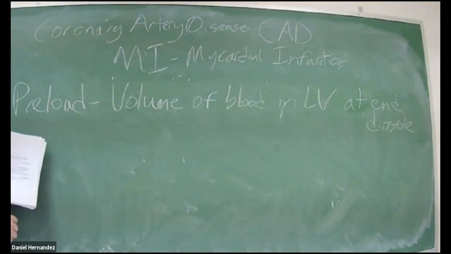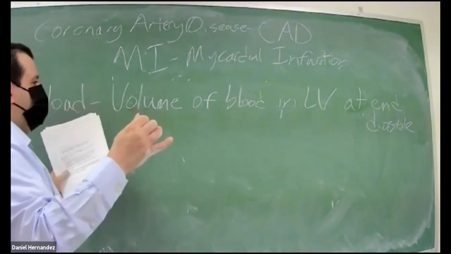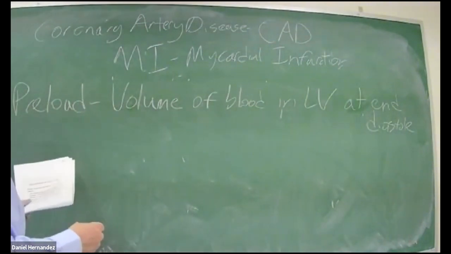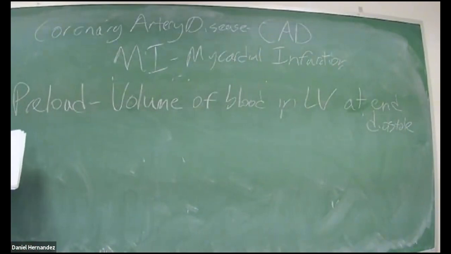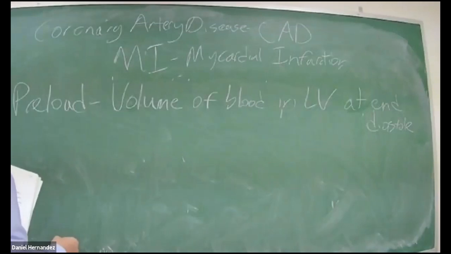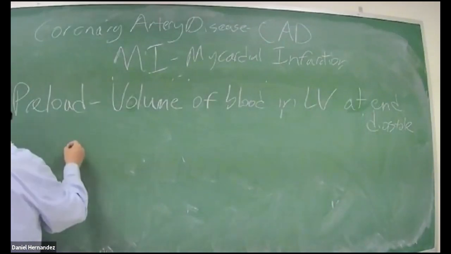The way I think about it is, preload is the volume of the blood, and the heart's getting ready to send out that blood into the body. So it's loading up, it's preloading before the contraction of the heart. So this is when the chamber's full.